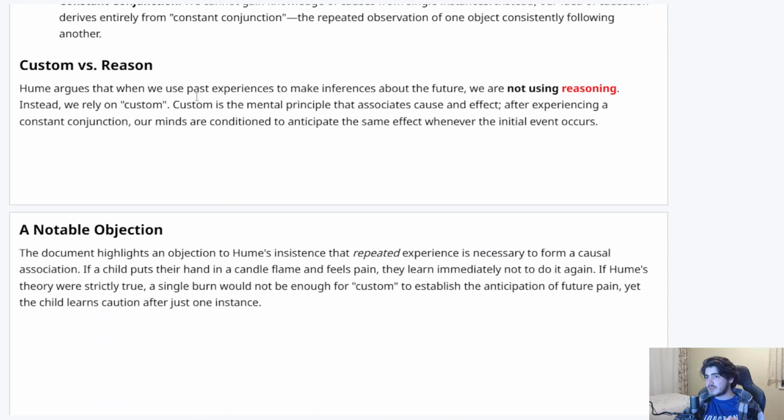A custom is when we use past experiences to make inferences about the future. We don't use reasoning here, we use custom. Custom is a mental principle that associates cause and effect after experiencing constant conjunction. Our minds are conditioned to anticipate the same effect whenever the initial event occurs.